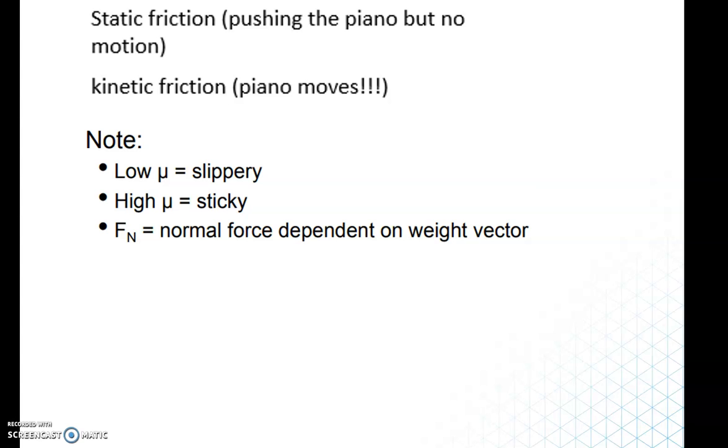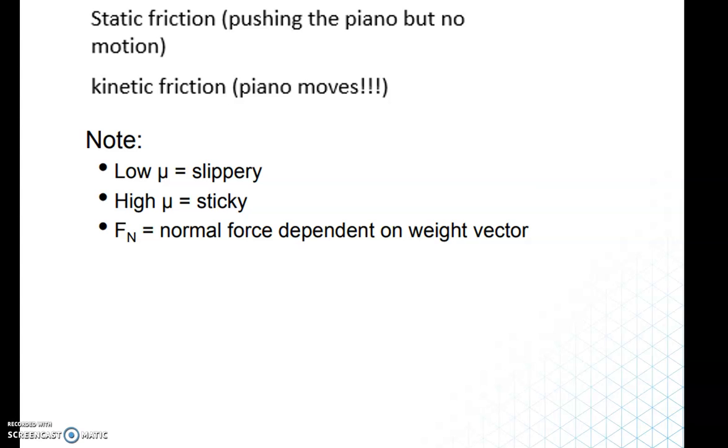Coefficient of friction is a value that gives you how much the objects or the surfaces can interact. If the value of mu, that is the coefficient, is low, that means the surfaces are very slippery. When they interact, they will slip.